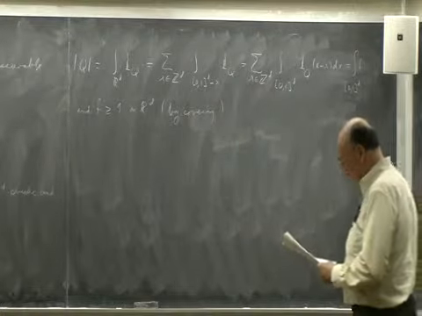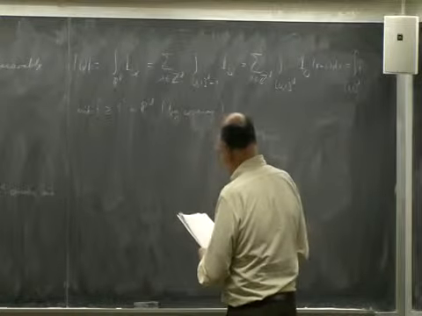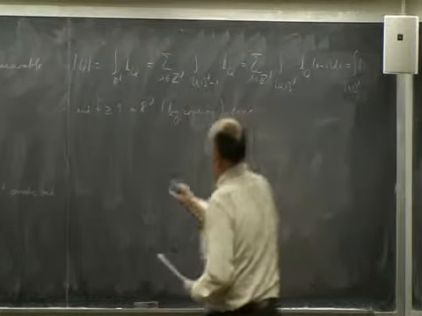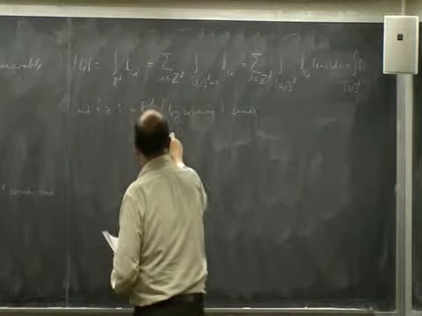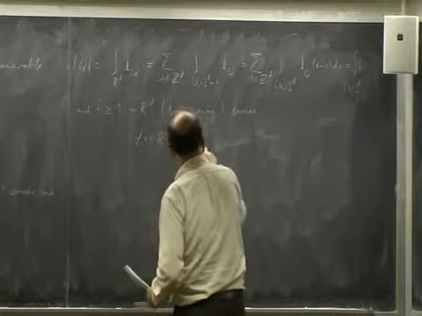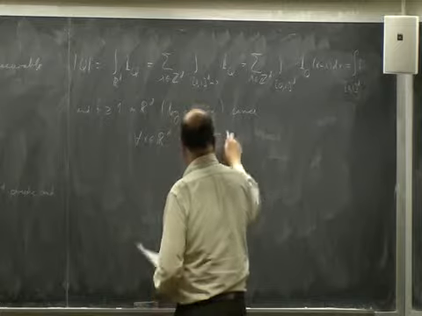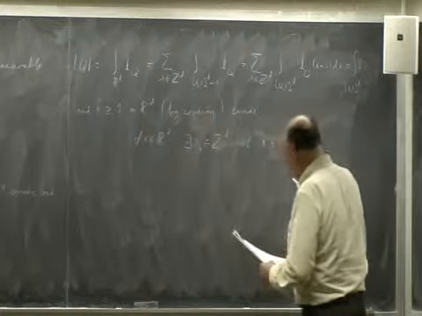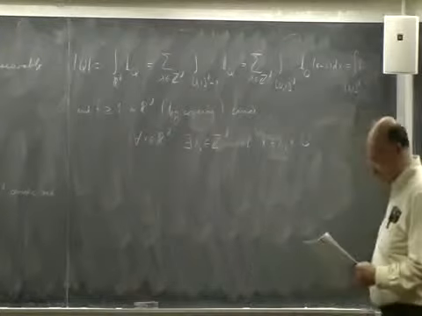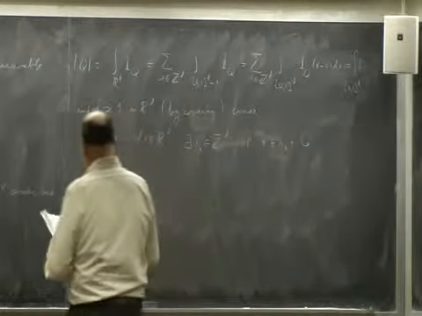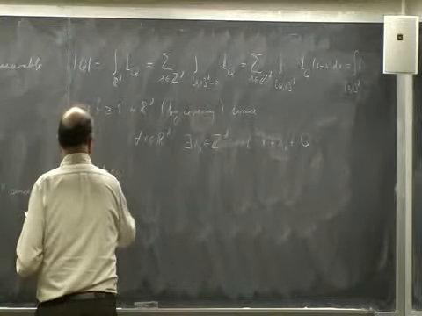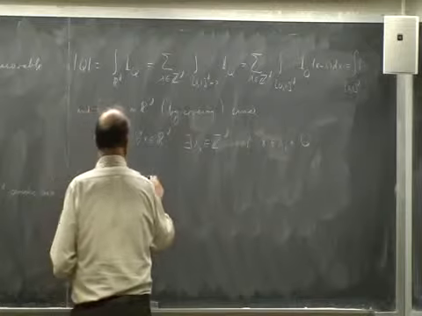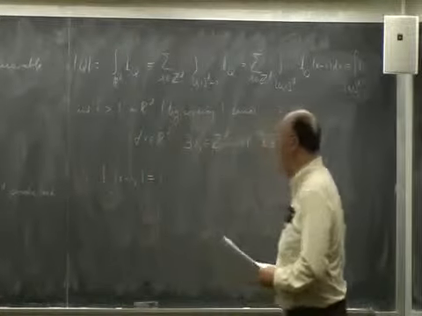And so we can conclude, since for every x in R^d, we can find a lambda x in Z^d such that x is in lambda x plus Q. And so, therefore, take any x in R^d, the characteristic function of Q at x minus lambda x is equal to 1.